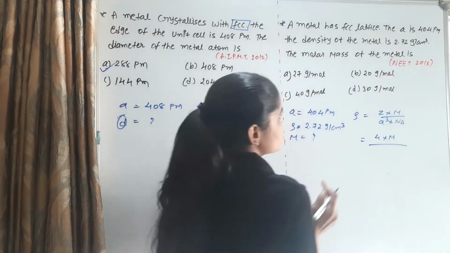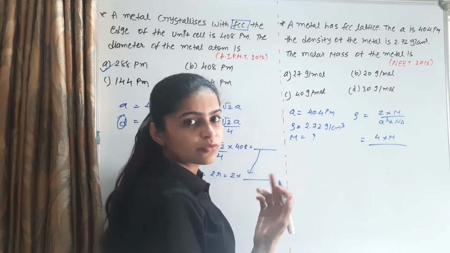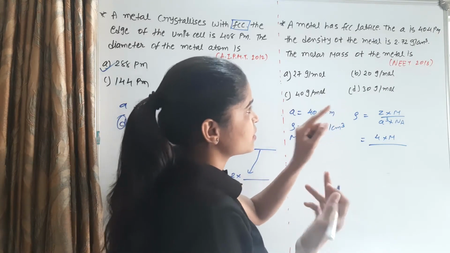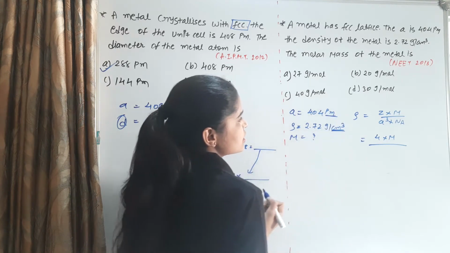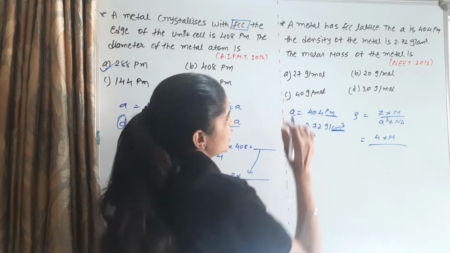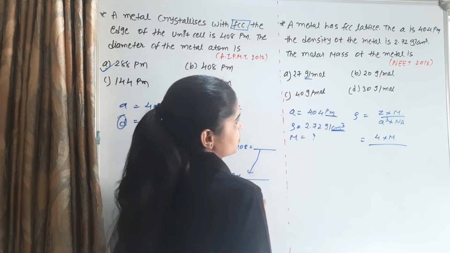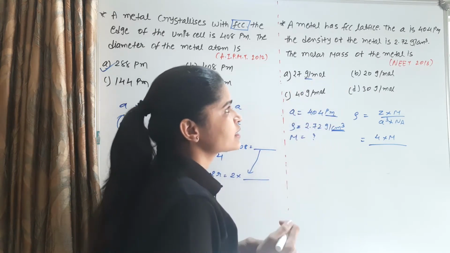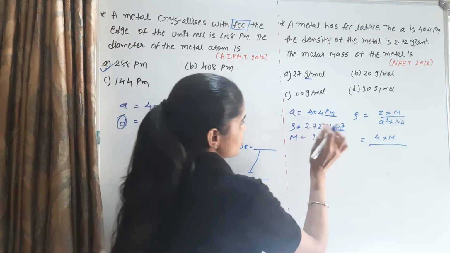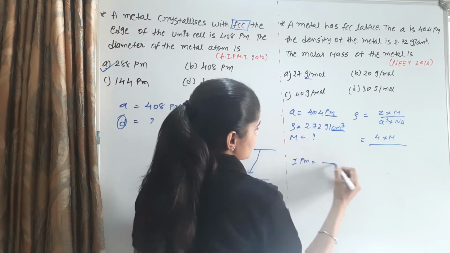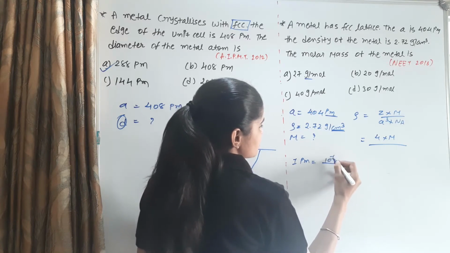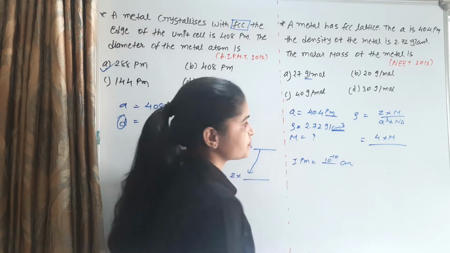So a is 404 picometers. It is converted into centimeter because the density is in gram per centimeter cube, so we use CGS units. One picometer is converted into centimeter by multiplying with 10 raised to minus 10.